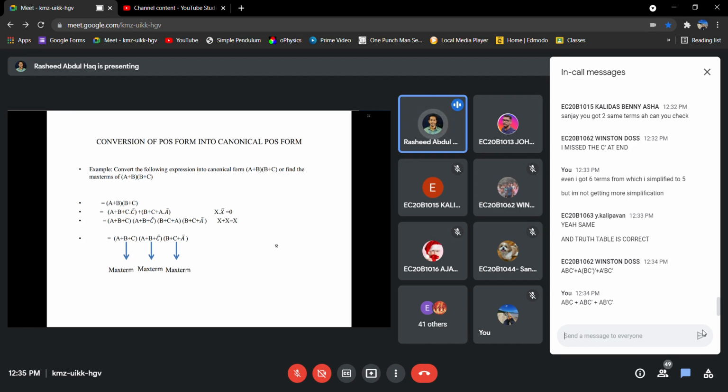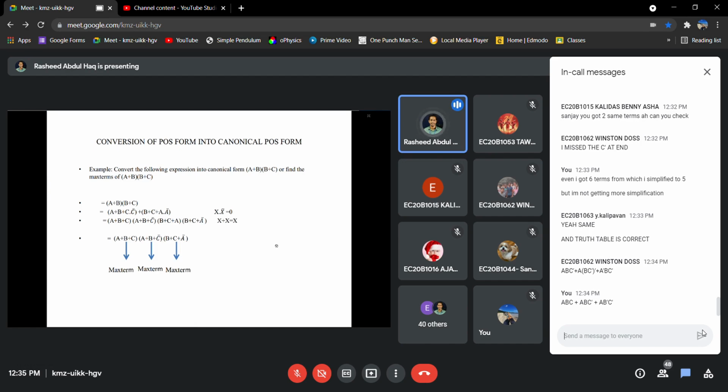So first, what we have done is that we have added C dot C dash, which will be equal to 0, in the first term, and in the second term we don't have A, so in that we have added A dot A bar.